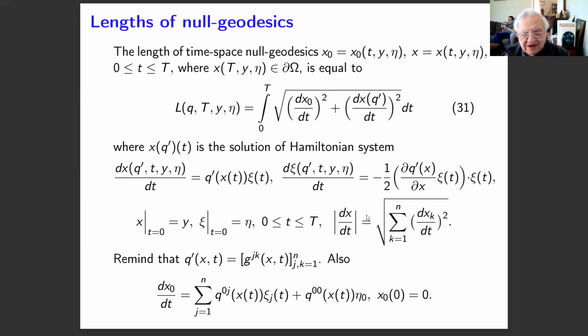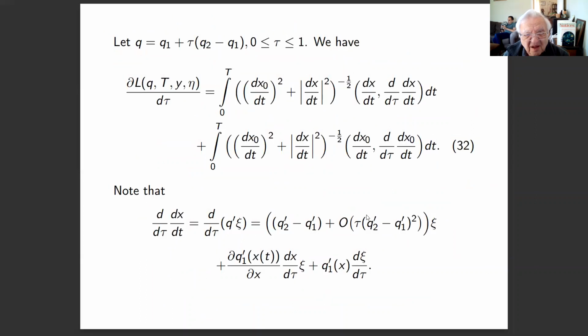So only spatial derivatives of the inverse, spatial components of the inverse metric tensor. And we also have dx0/dt, which is also given by a differential equation.